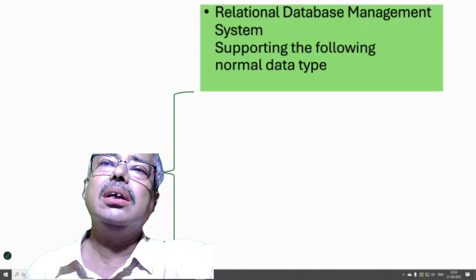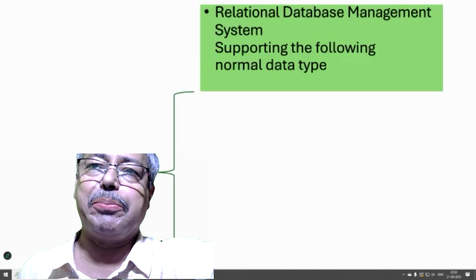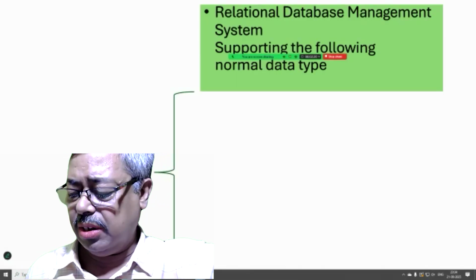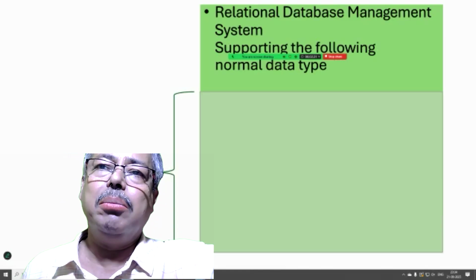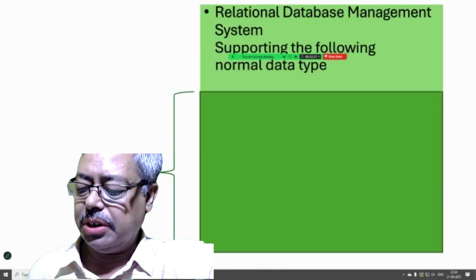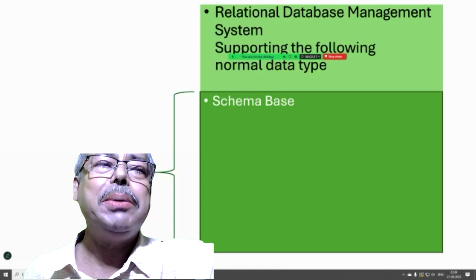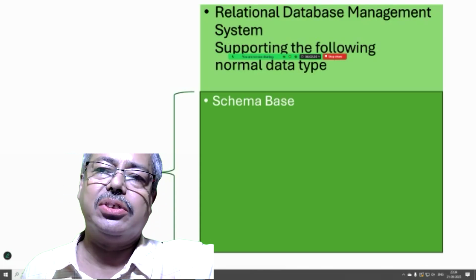The first is the Relational Database Management System. What does this system support? Mainly, it is a schema-based database.